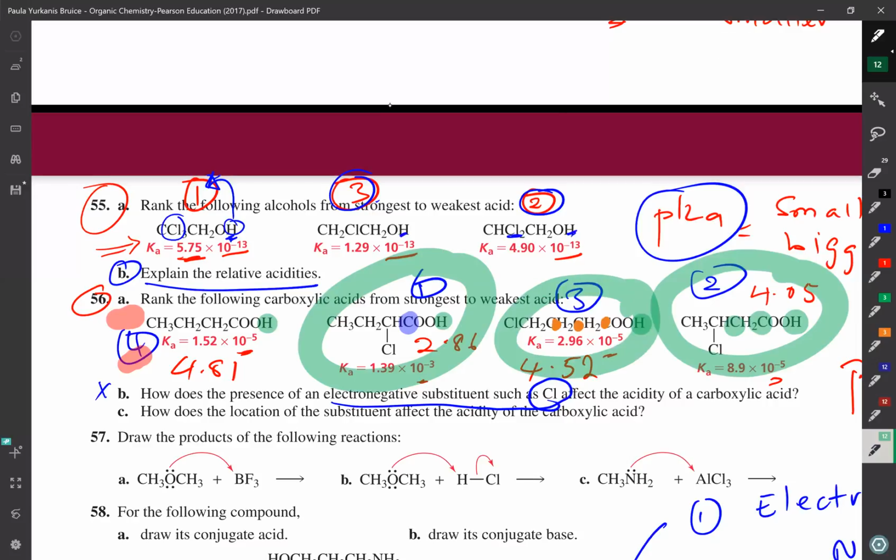Do you see that? So that's how distance is important. The further the distance, the weaker the inductive effect and the weaker the acidity of the hydrogen. The closer the distance, the stronger the inductive effect and the stronger the acidity of the hydrogen. That's what I want you guys to know. Does that make sense?